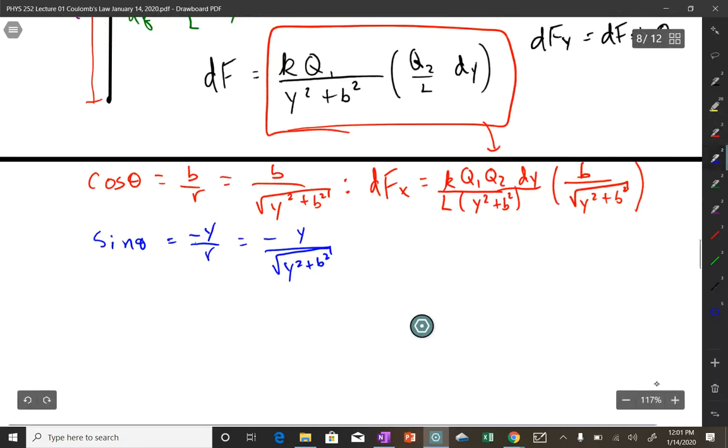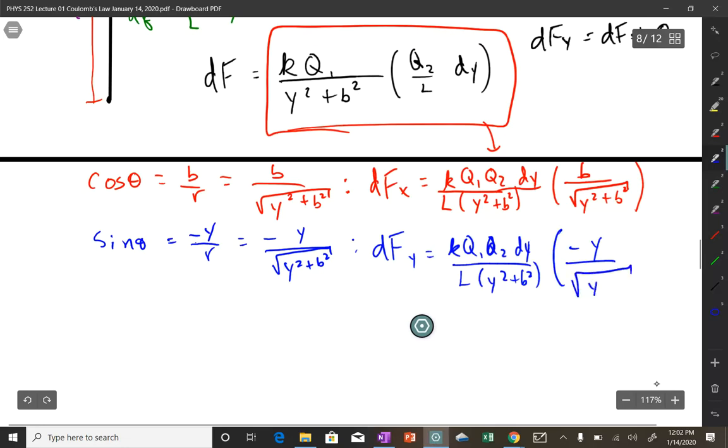And similarly, dfy is equal to kq1q2 dy over L times y squared plus b squared. And now we'll multiply by minus y over square root of y squared plus b squared.